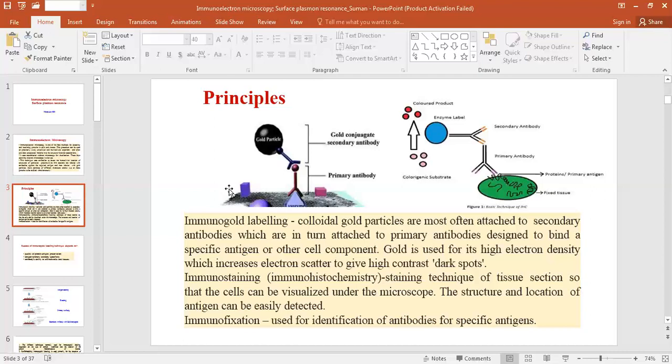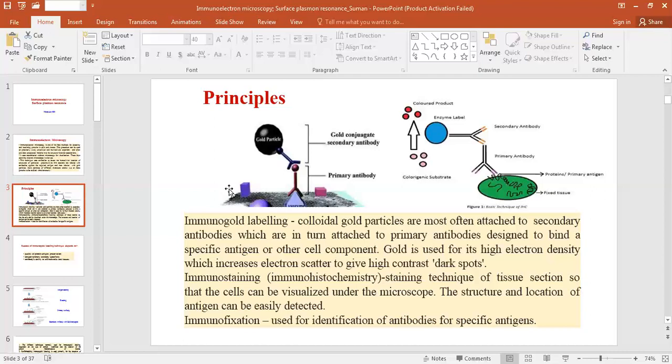So first we are using the blocking solution, then we are adding the primary antibody. With this, then we have to remove the unbound primary antibody, wash it, and then we have to add a gold conjugated secondary antibody that is specific to the primary antibody.